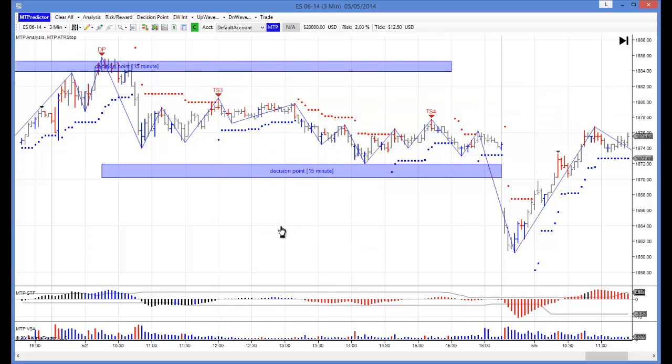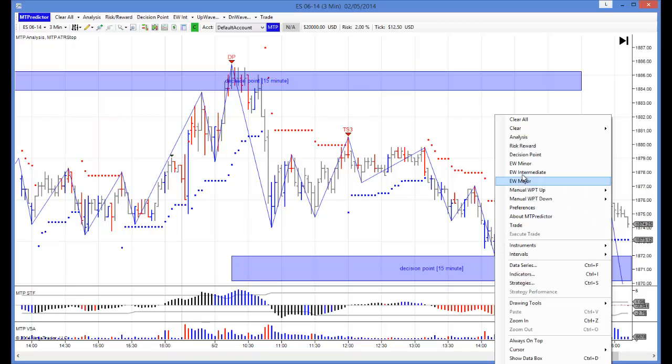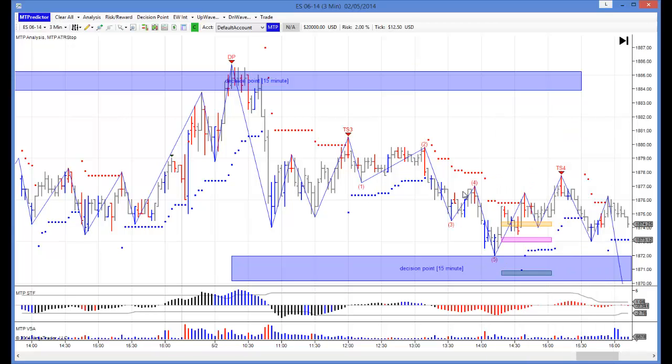For the more experienced users among you, I'd also like to show you how this decline down here into this 15-minute low unfolded perfectly in our MTPredictor isolation approach to Elliott wave guidelines, in that the decline down here was a perfect 1, 2, 3, 4, 5, so a 5-wave sequence. We then anticipate the market is going to rally, but not anywhere, rally into the DP from the prior wave 4.